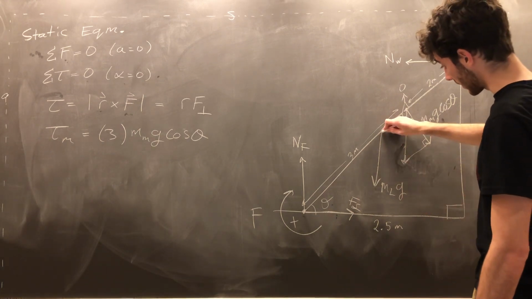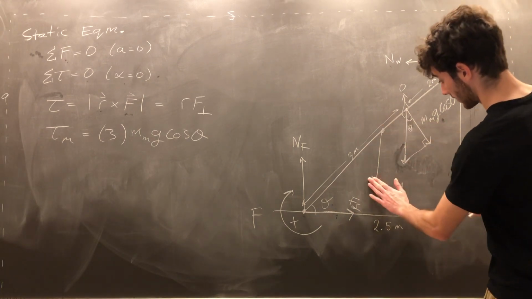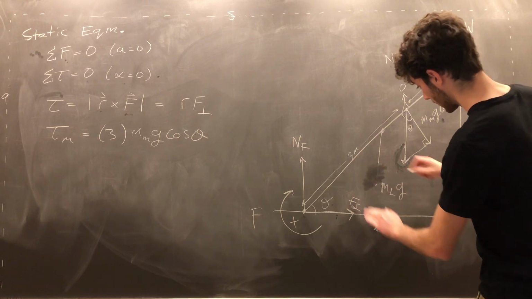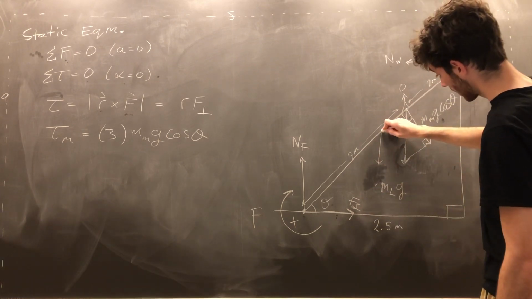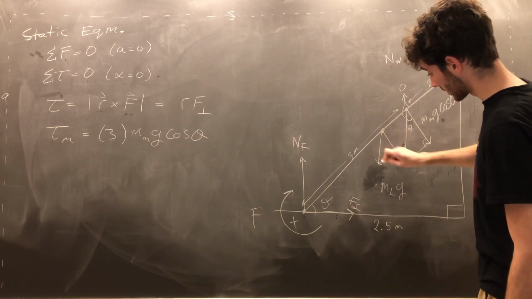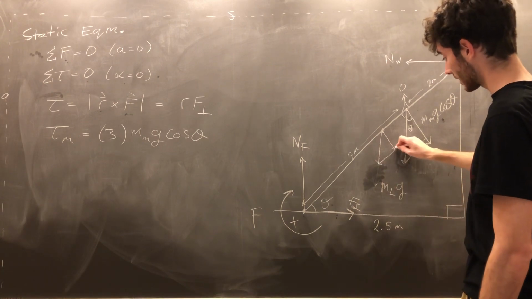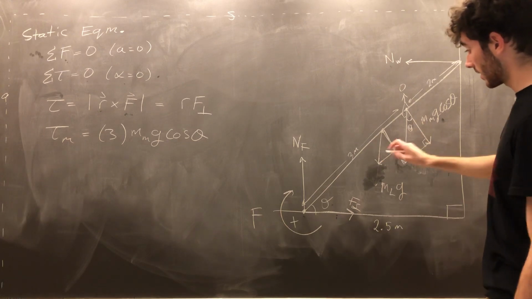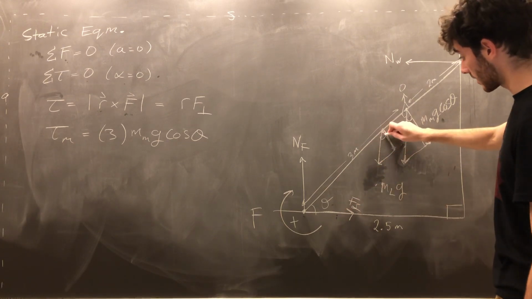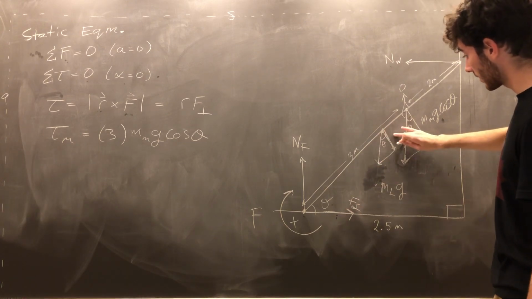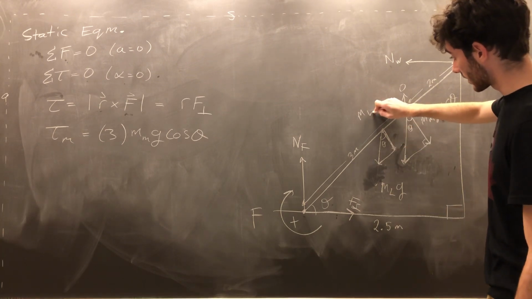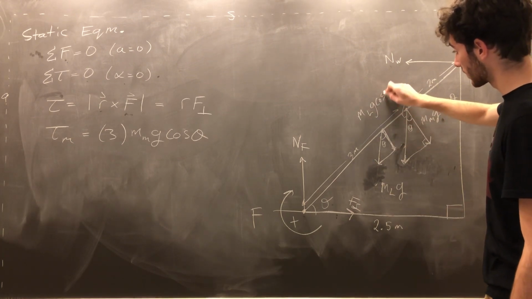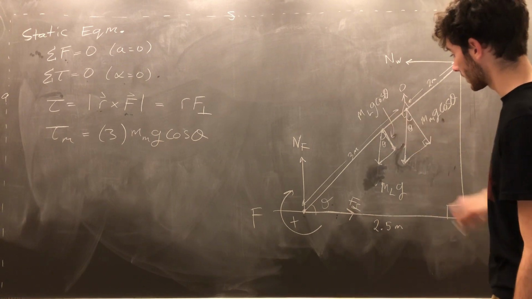So if I break, let me just redraw this like that. If we break the ladder's forces into components, we are interested in the perpendicular component, which is this guy here. And again, if that's theta, then this is theta. So this guy here, I'll just write it up here, is m_l g cos theta. That component there.